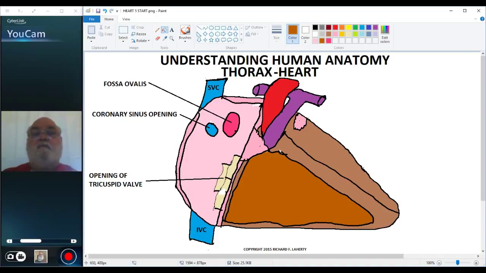Now, one of the things we're going to see right away are the flaps of the tricuspid valve. Tri is 3, cusps would be flaps of the valve. So I'm going to draw in the 3 flaps.